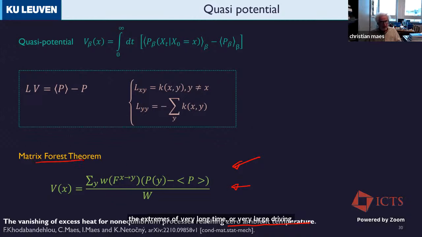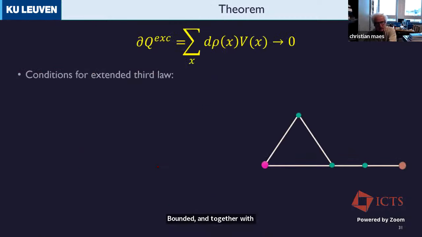And here is the same thing, that if you take this matrix forest theorem expression for the quasi-potential, it becomes useful and it becomes possible to show the right conditions under which this quasi-potential remains bounded. And together with the non-degeneracy of the stationary distribution, it gives rise to this extension of the Nernst postulate.